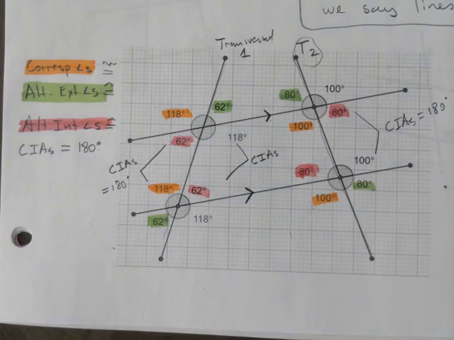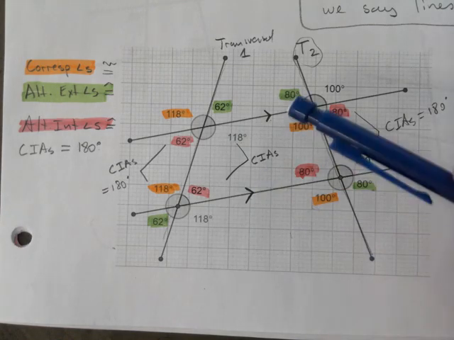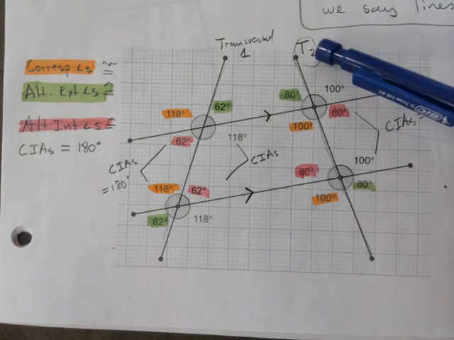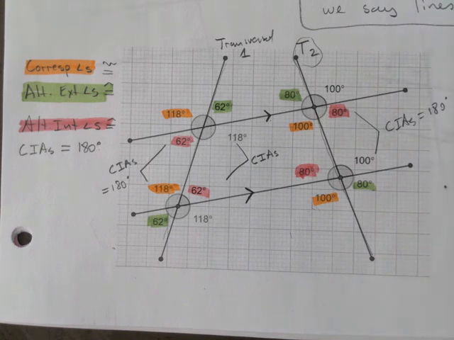So it doesn't matter which transversal you use. Guys, once lines are parallel, I could keep cutting this every which way with 1,000 transversals. The fact that they're parallel will not change. So your approach to it will change. How you justify will be different than me sometimes, but that's okay.